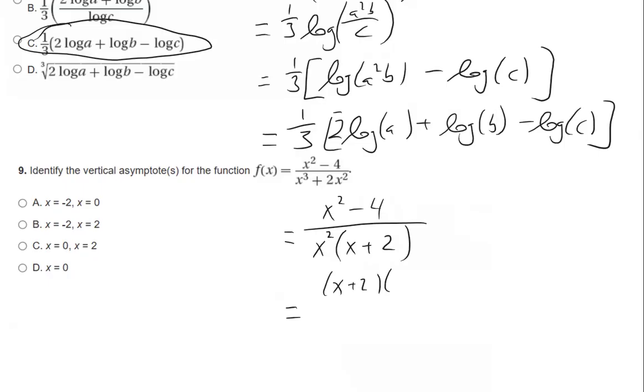It's x plus 2, x minus 2 on the top, right? So this x plus 2 is actually a hole. So the only vertical asymptote is when x is 0. The x equals negative 2 is a hole. A removable discontinuity is not an asymptote, not an infinite discontinuity. These are calculus terms I'm trying to use, okay?